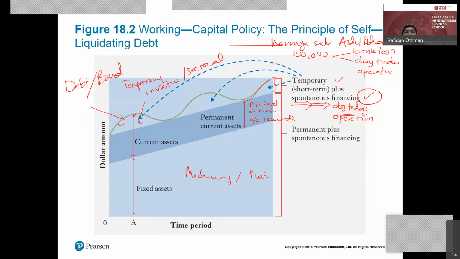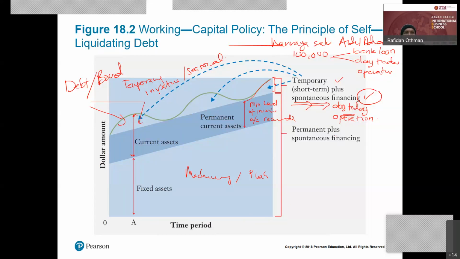You can't be issuing your bond or your equity for that. Okay, it is not appropriate. And why? Because it does not match. So this is what we call self-liquidating debt, meaning that you match the asset and the liability, the maturity of the asset and the liability there.